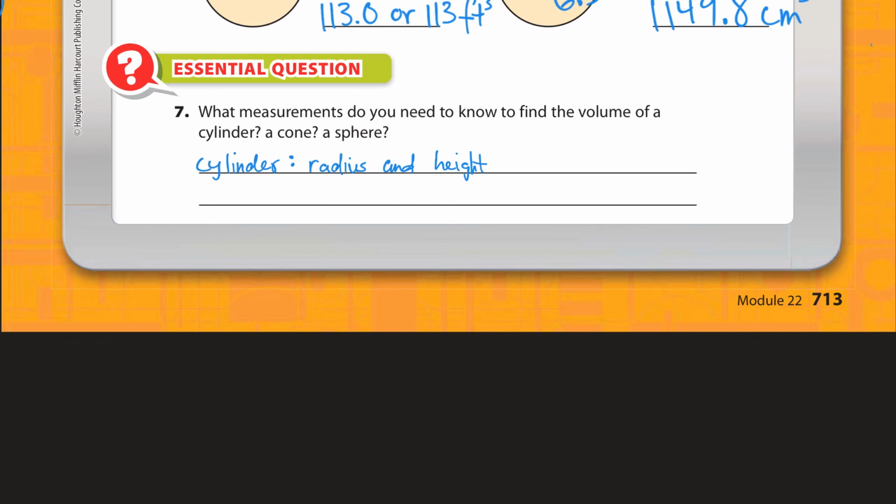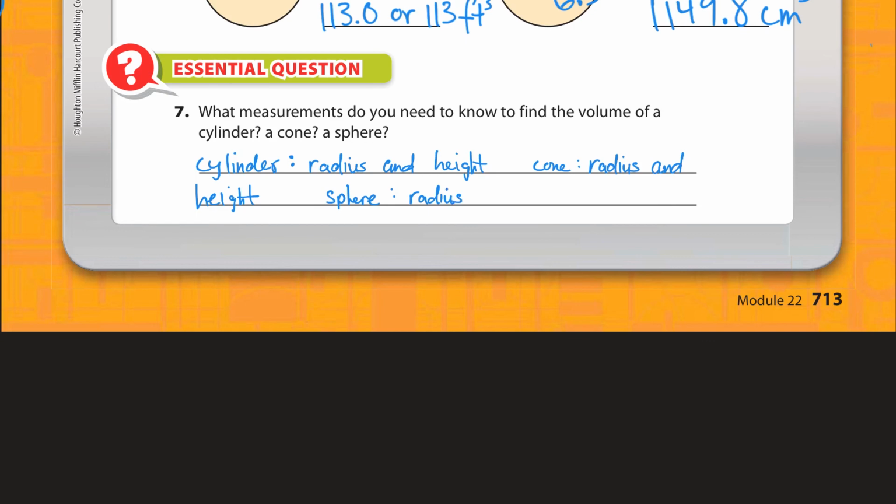For a cone, you need to know the radius and height as well. And for the sphere, you need to know the radius.